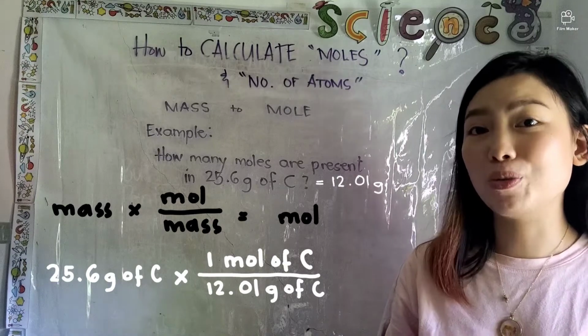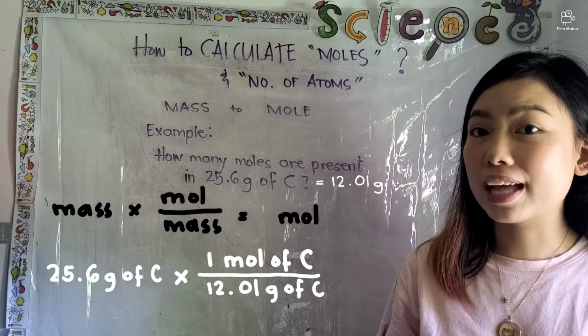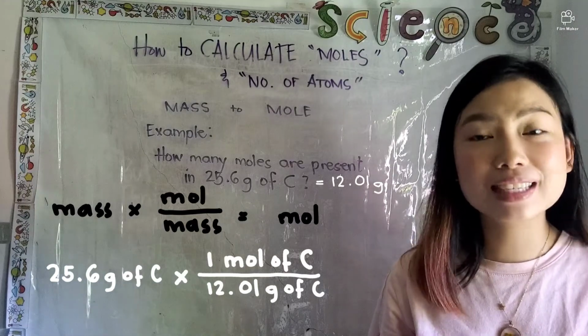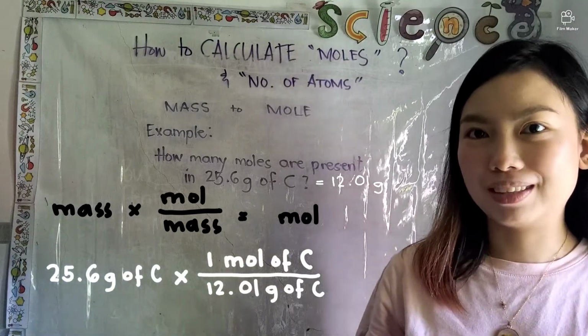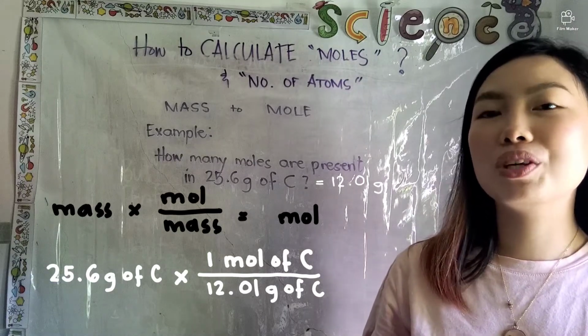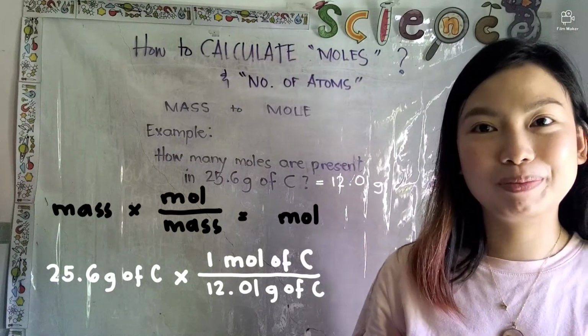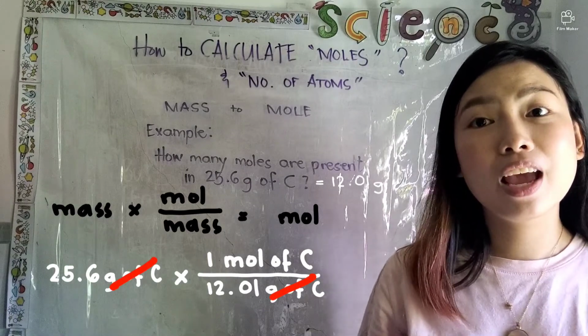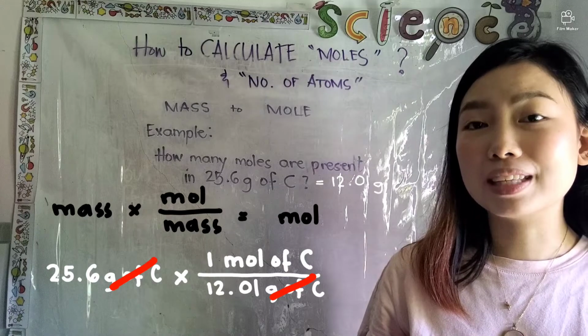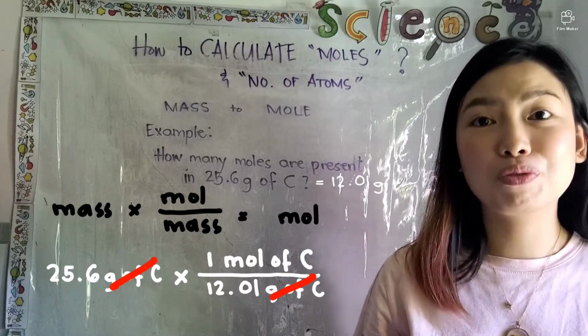Take note, yung mass natin sa equation natin dito sa kabilang side ay palaging tumutukoy sa mass nung element. So since the element is still carbon, we will have 12.01 grams of carbon. Cancel the same unit, grams of carbon, so ang matitira natin is mole of carbon.